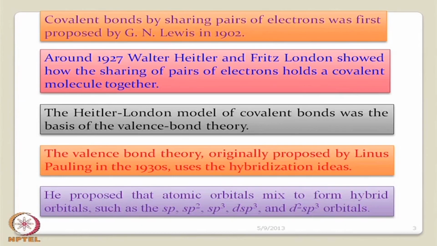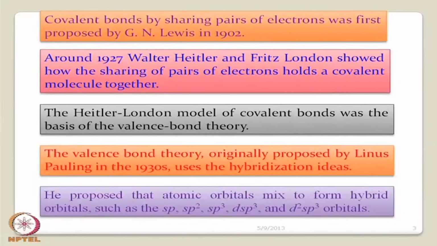Why do we need 6 orbitals? Because these 6 orbitals are required for the octahedral stereochemistry. If the stereochemistry is controlled for the formation of an octahedral compound, we must have 6 hybridized orbitals coming from 2 d, 1 s and 3 p orbitals.